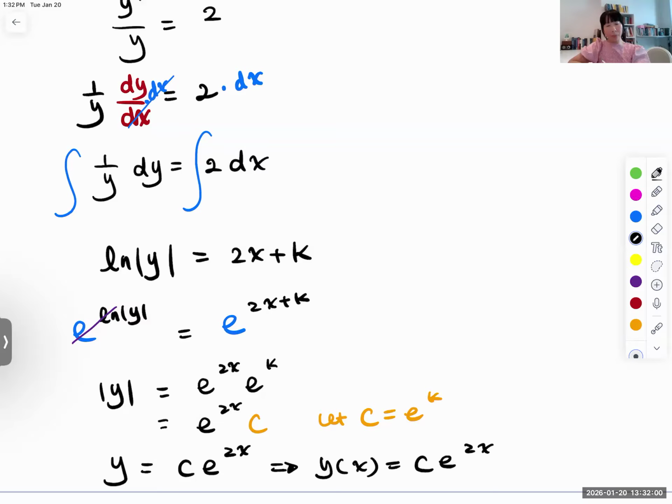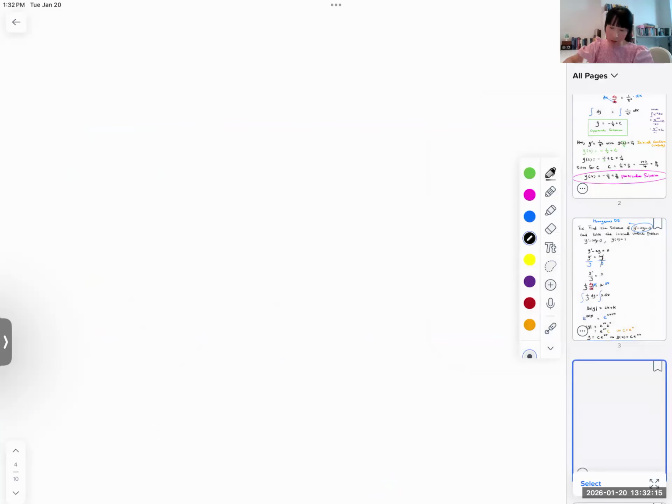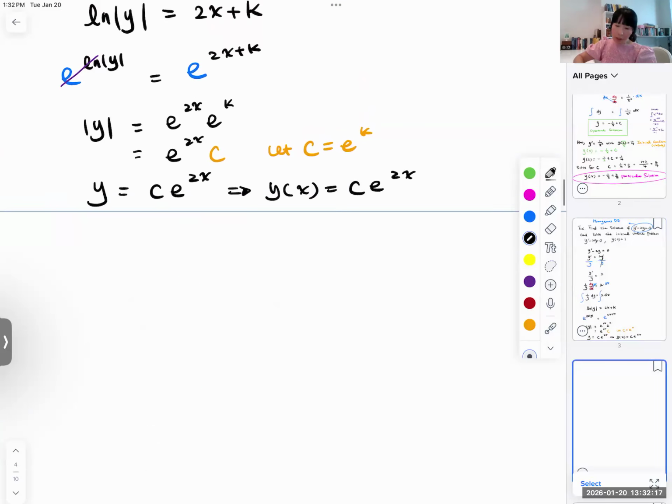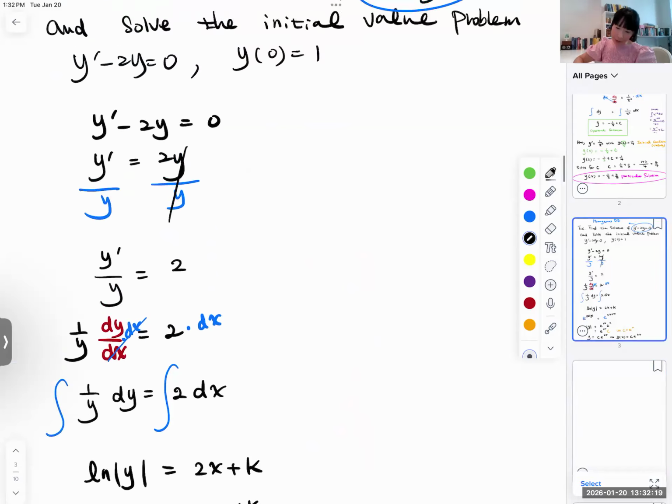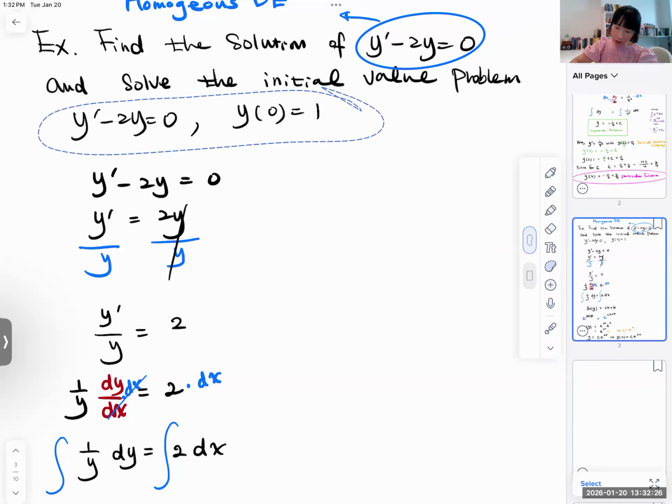Is it clear? An exponential function is a positive function, right? Okay. With the initial value, let's continue. The initial value is given, let me copy.